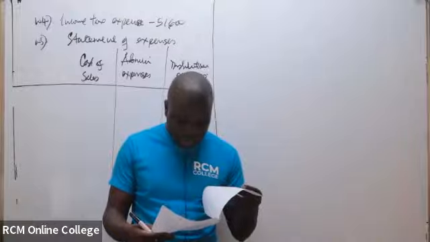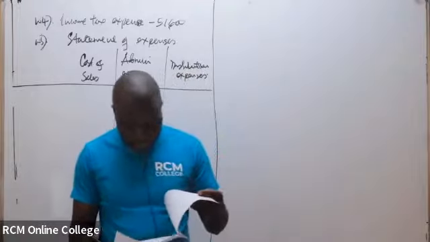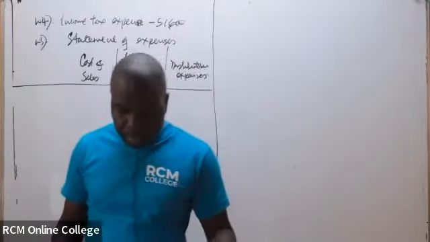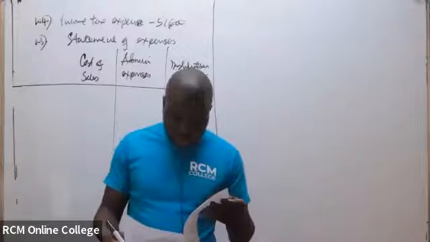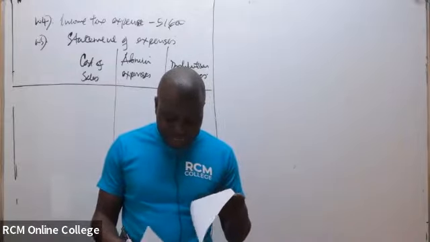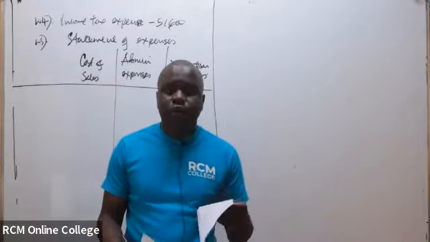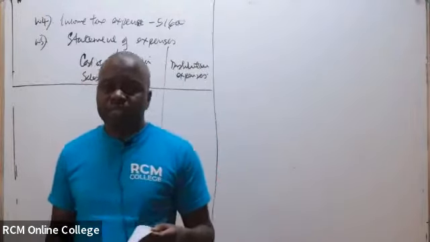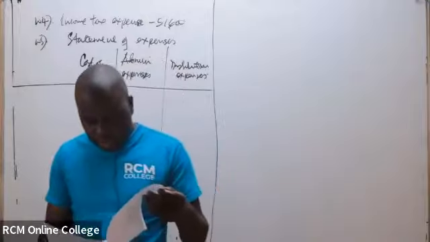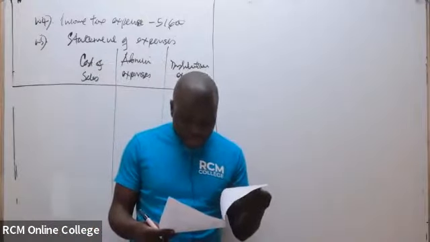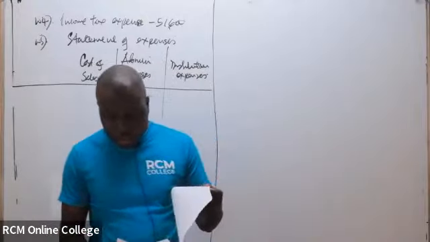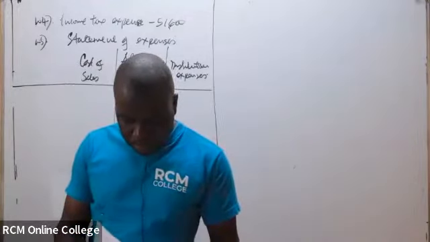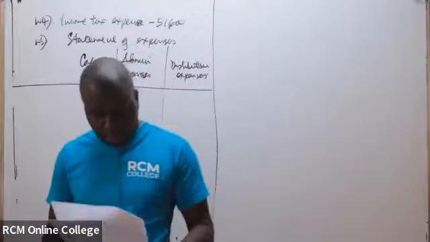For the cost of sales, you can compute it if you've been given the opening stock and purchases, then you less the closing stock or closing inventory. So we can look at what could be our cost of sales.